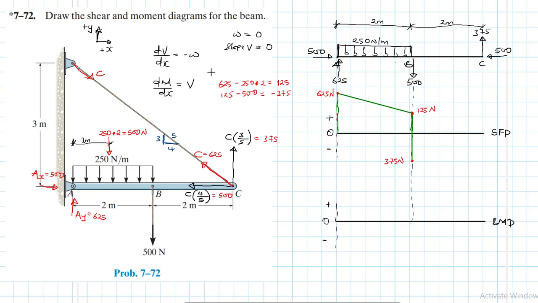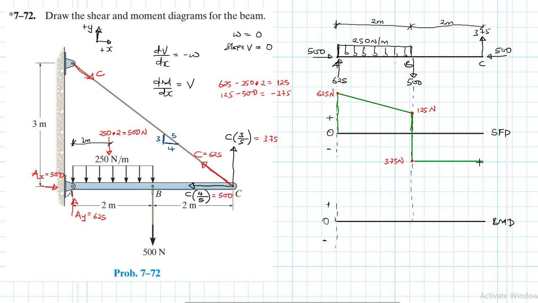When the loading is 0, the slope for the shear is equal to 0. So this is just going to be a straight line with zero slope up to this point.